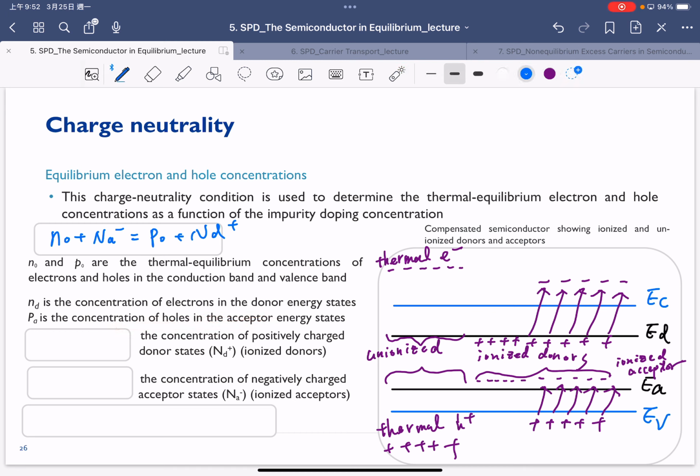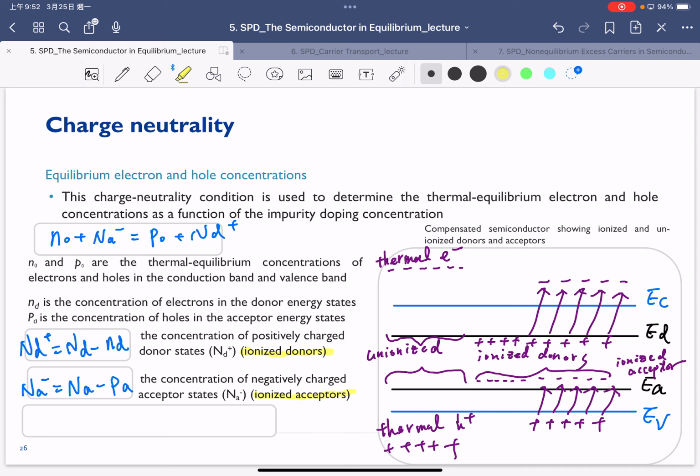Therefore, Nd+ is equal to Nd minus nd, and Na- is equal to Na minus pa, where Nd+ is the ionized donor and Na- is the ionized acceptor.